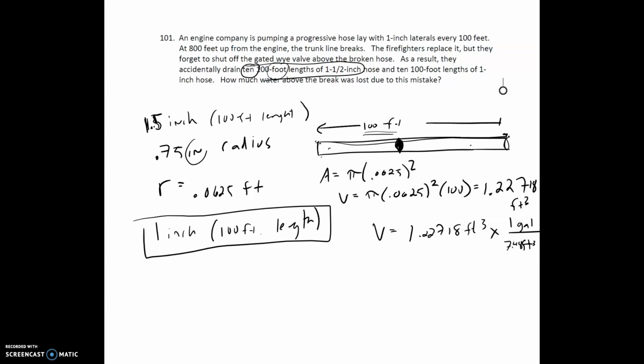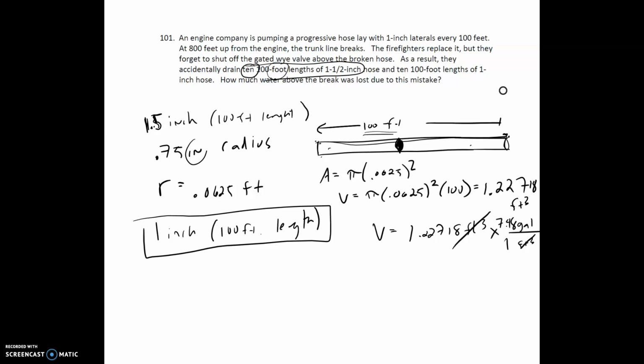So I got it backwards. Try that again. 7.48 gallons is 1 cubic foot, right? So that's your conversion factor. That'll get you to gallons. So I multiply my volume in cubic feet by 7.48.